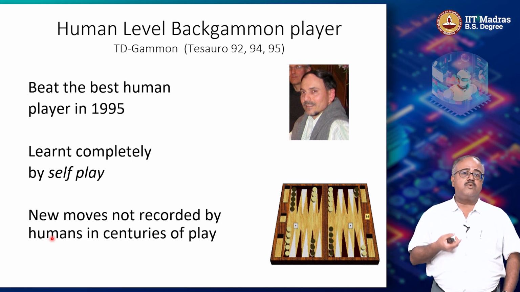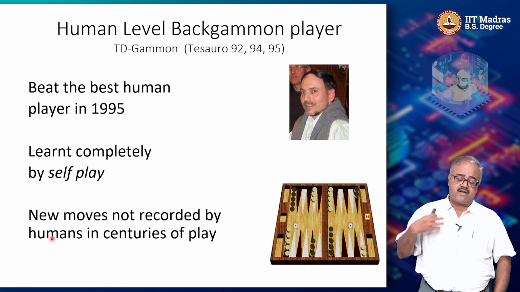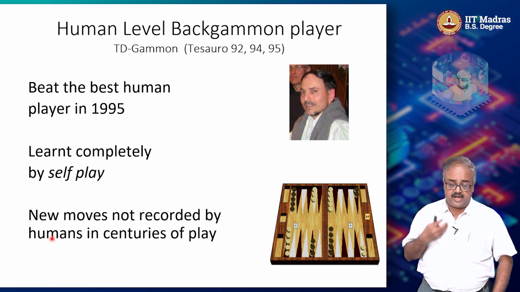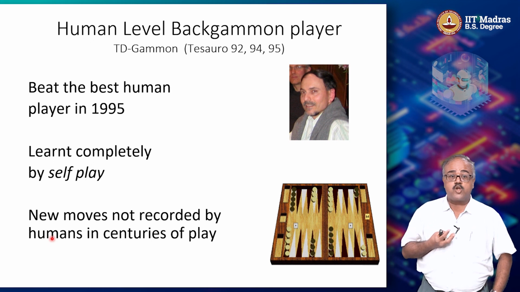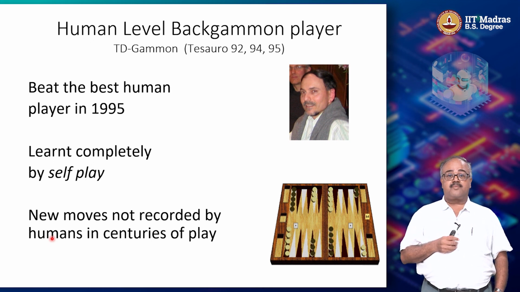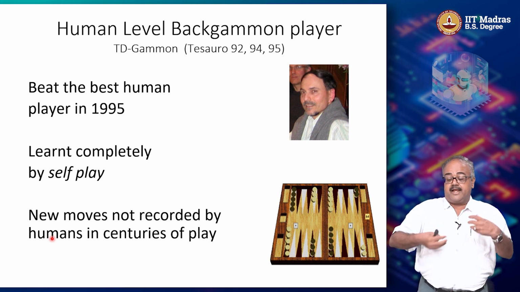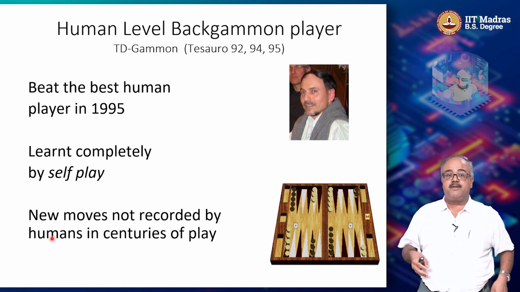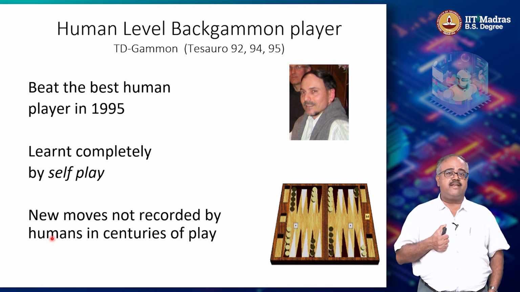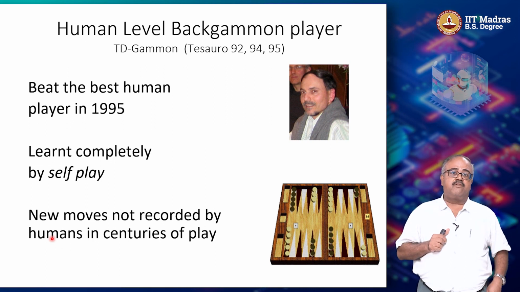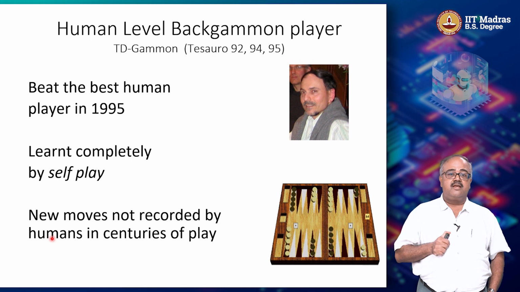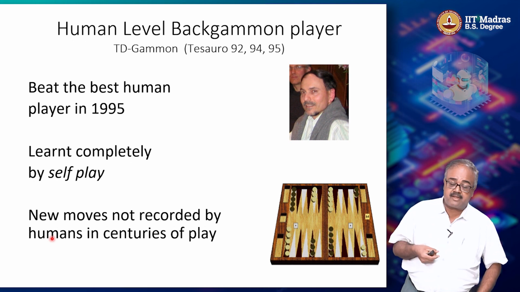So what Jerry Tesauro did was he trained a reinforcement learning agent to play backgammon completely by self-play. Basically, it played against another copy of the program repeatedly. It played for several weeks, which is equivalent to several lifetimes of gameplay time for humans.